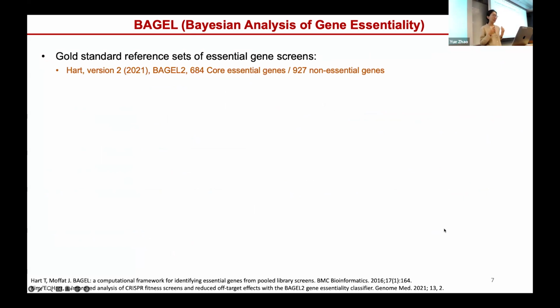So we have gold standard reference sets for the essential gene screens. Actually, we have more than one such set. The first set was developed from Moffat's lab, and it's derived from an RNAi screen of 48 different cancer cell lines. It contains over 600 core essential genes and over 900 non-essential genes.